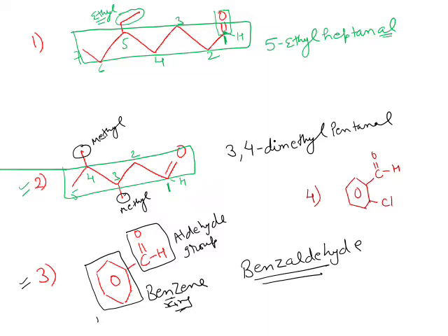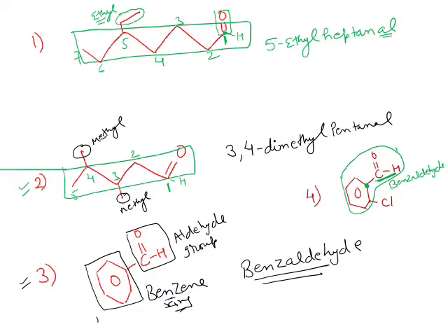So it's again the same concept. The time you see benzene along with an aldehyde, you know this is benzaldehyde, right? And you have to give the preference to the carbon that contains the aldehyde group, right?